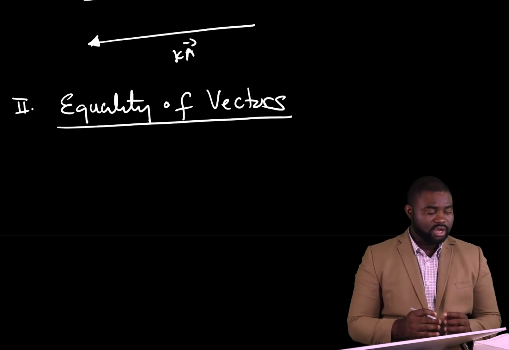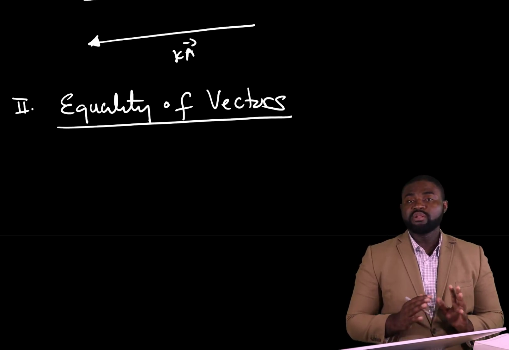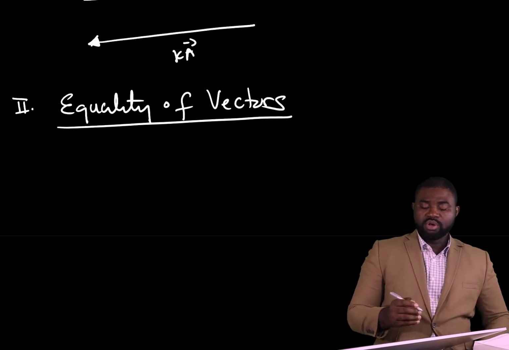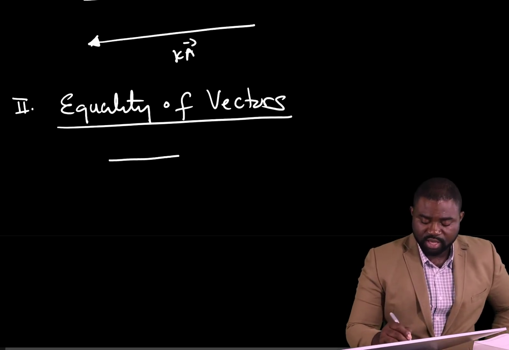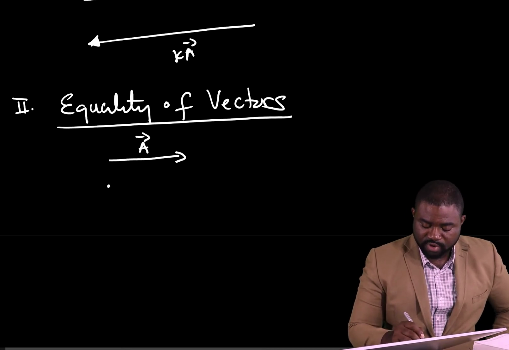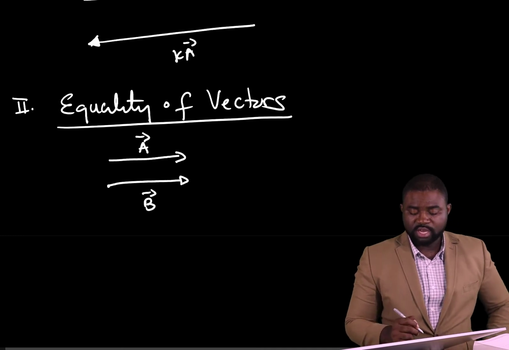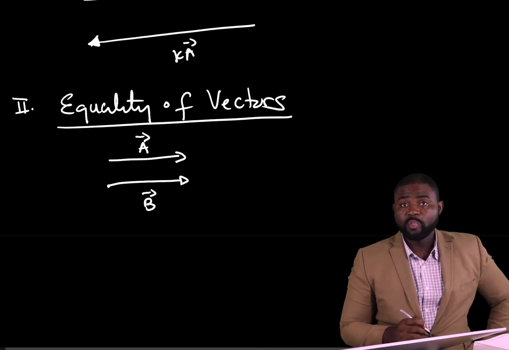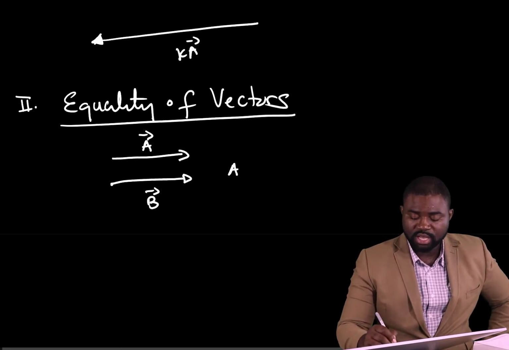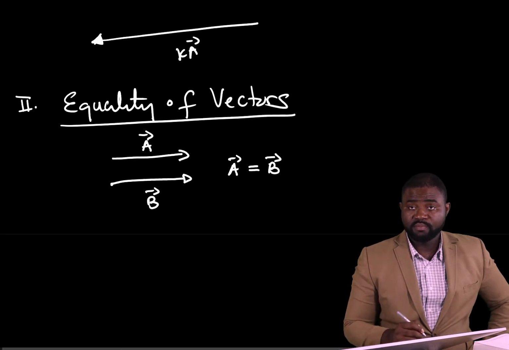Even though they are equal, they may not have the same point of origin. If you have a vector A, and another vector B, and you recognize that A and B have the same magnitude and the same direction, we can conclude that A is equal to B.